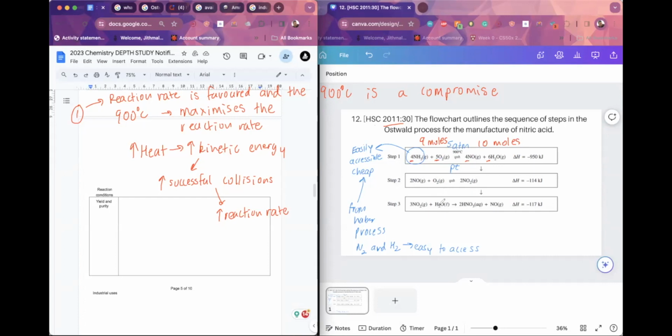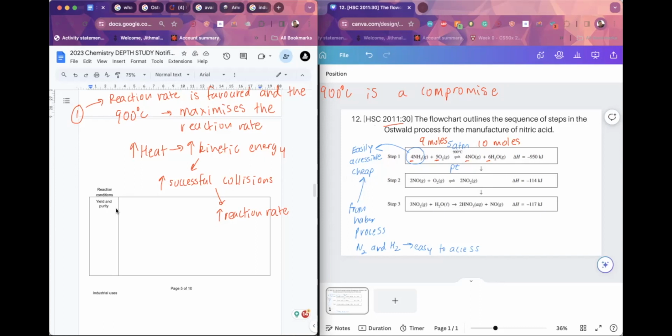So generally speaking, to maximize the yield, I'd have to have a lower pressure, but they've chosen to have a higher pressure or relatively high pressure. I wouldn't say it's incredibly high because it's 5 atmospheres, 5 times the pressure that we have in our atmosphere.